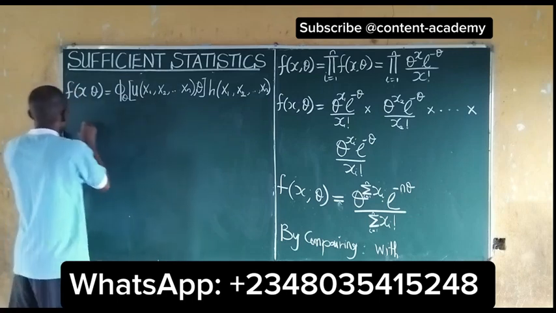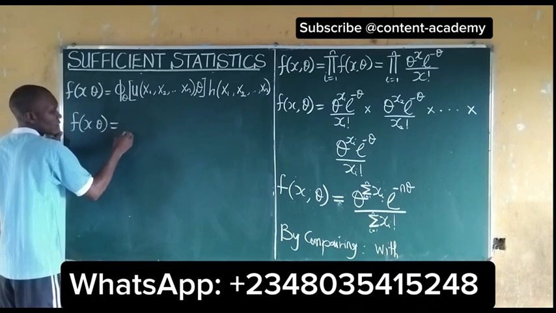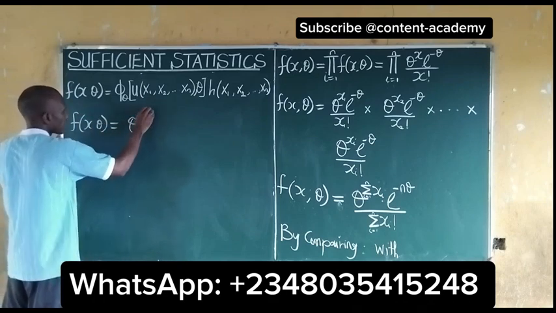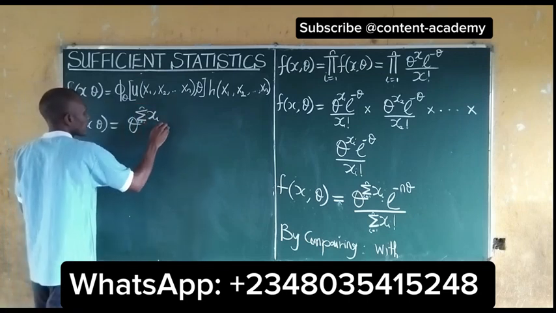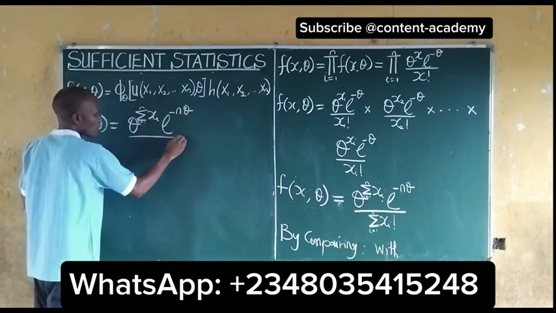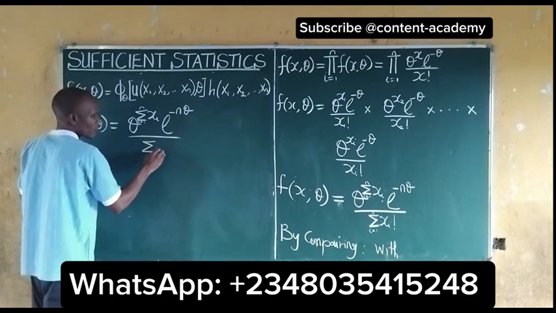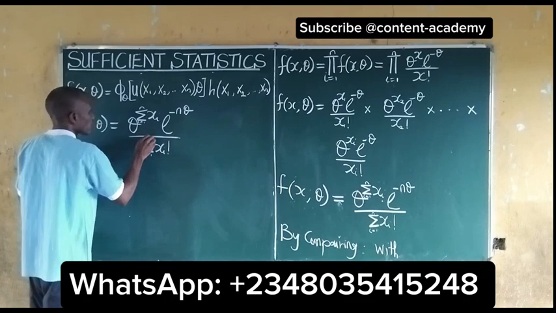So we are comparing it with this. If we have our function, or our PDF, to be theta raised to the summation of xi as i runs from 1 to n, exponential negative n theta, all over the product of xi factorial as i runs from 1 to n.